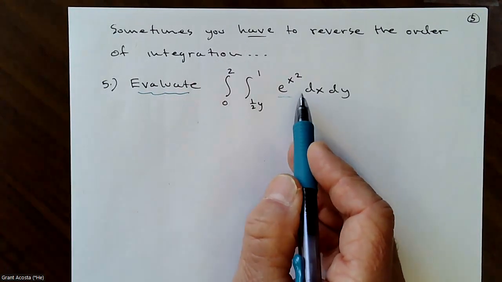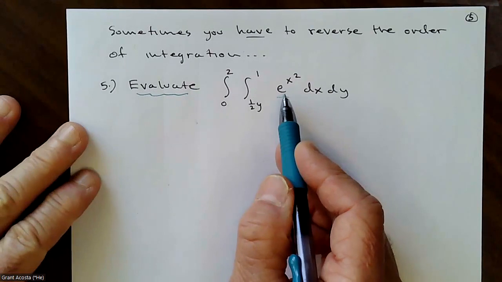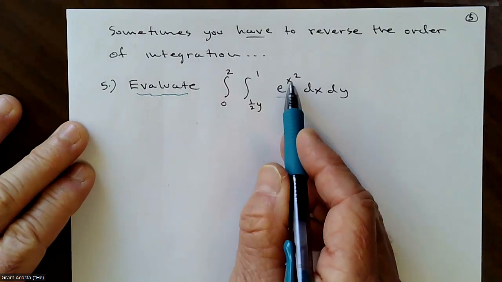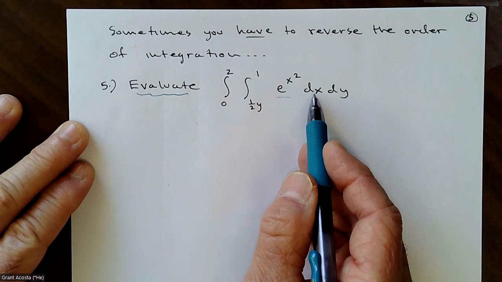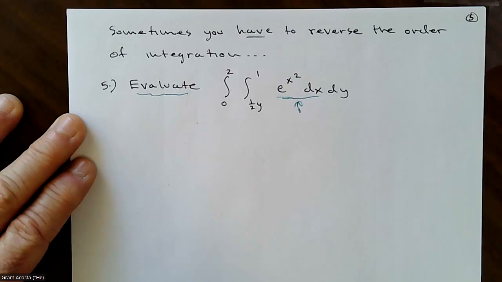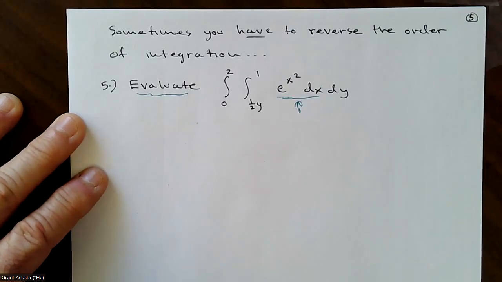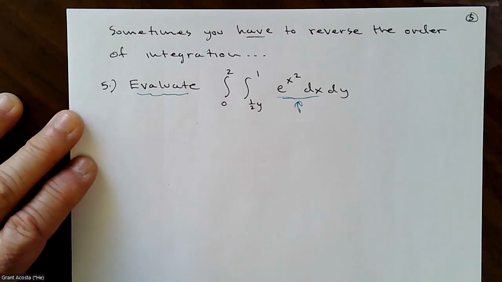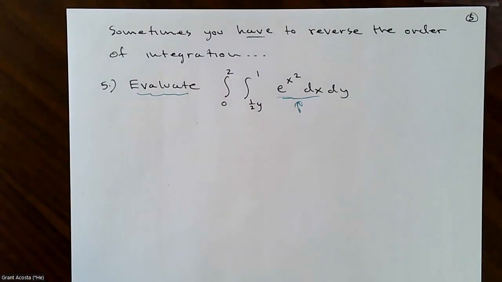So what would be required here to evaluate this is I would have to first find my antiderivative of e to the x squared with respect to x, right? That's what I'd have to do first. And this is difficult to know, I know, as a student, because even if you just did a course with integrals and you learned all your techniques like u substitution, integration by parts, partial fractions, it's not always evident that there are integrals that actually cannot be done.